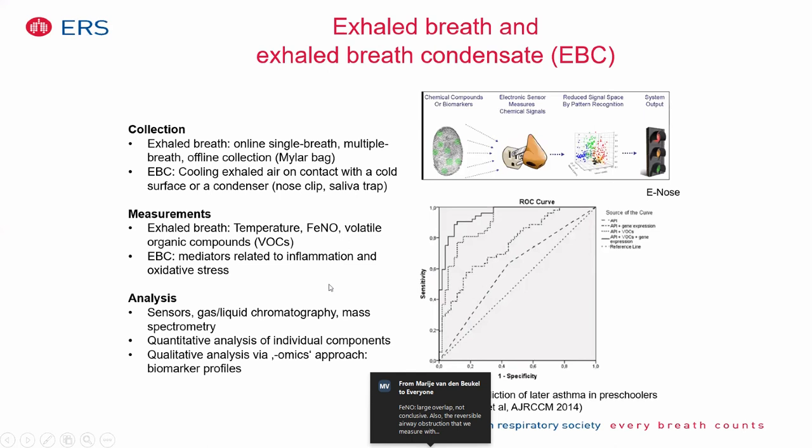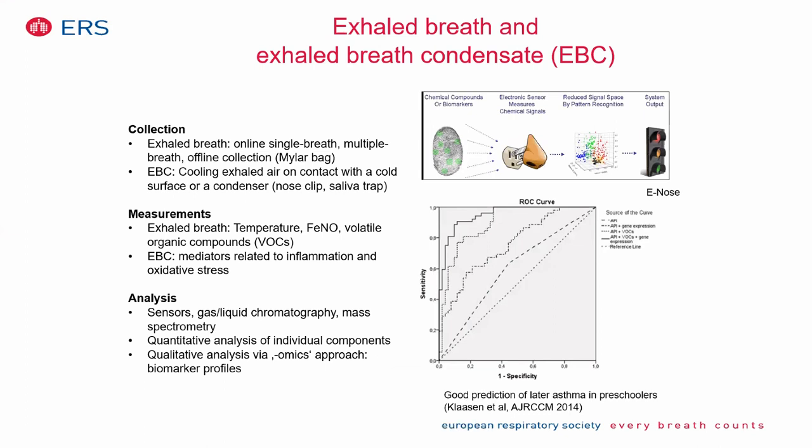For instance, in the exhaled breath, we have talked about FeNO that you can measure. You can also measure temperature or other compounds, volatile organic compounds, and you will measure these compounds with different complicated, sophisticated measurement techniques like chromatography.